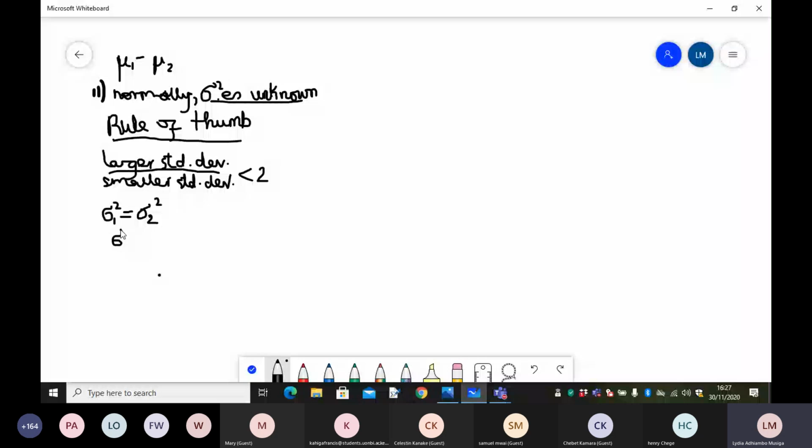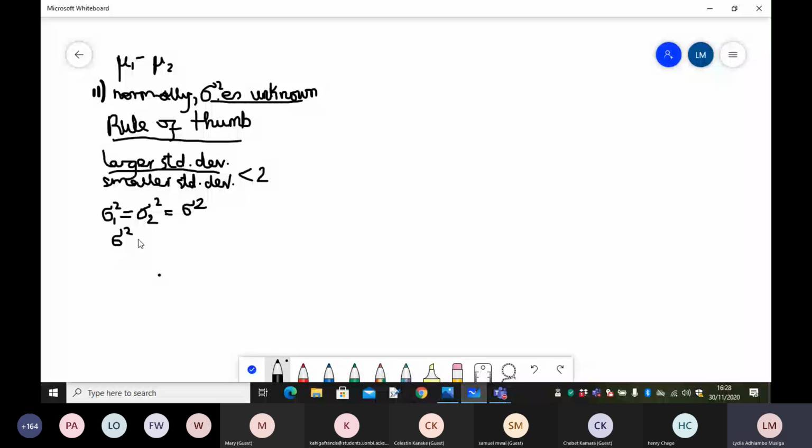Now, obviously, being engineers, you are mathematicians. So if sigma 1 squared is equal to sigma 2 squared, then it is correct for us to say that it can just be equal to sigma squared. If the variances are equal, then the variance of the first population, which is equal to the variance of the second population, we can just equate to sigma squared, because those two variances are equal. Now, how do we estimate sigma squared?